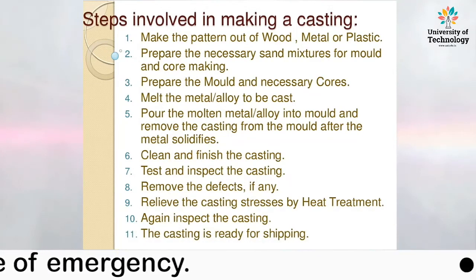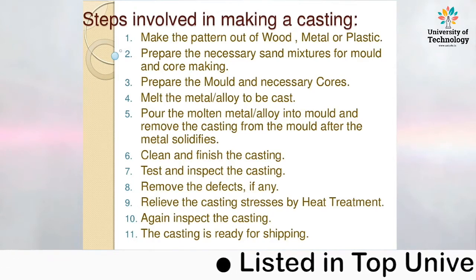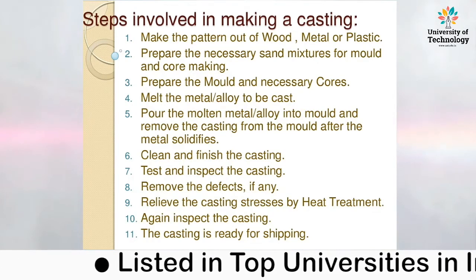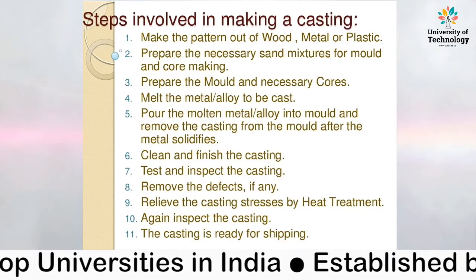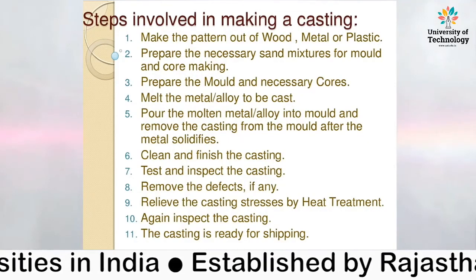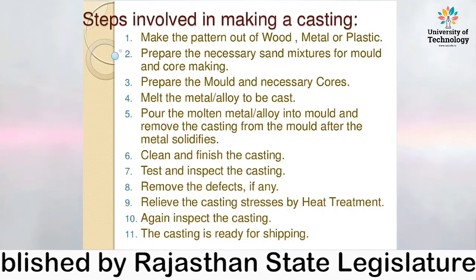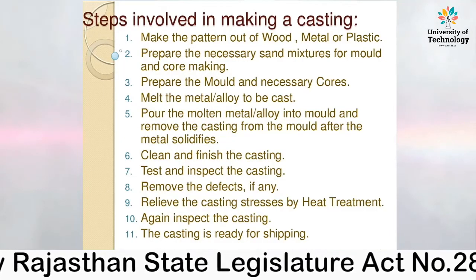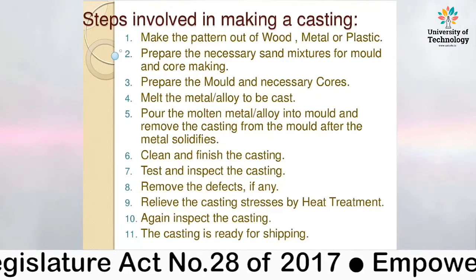Some basic steps are involved in making a casting. First of all, make the pattern out of wood, metal or plastic, etc., as per requirement or feasibility of the casting. Second, prepare the necessary sand mixtures for mold and core making.